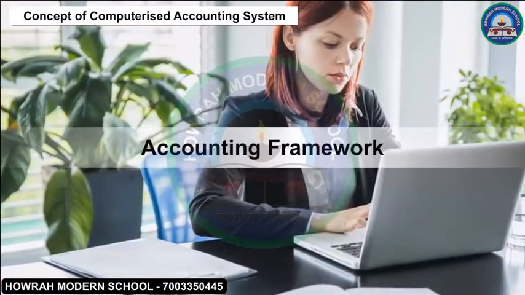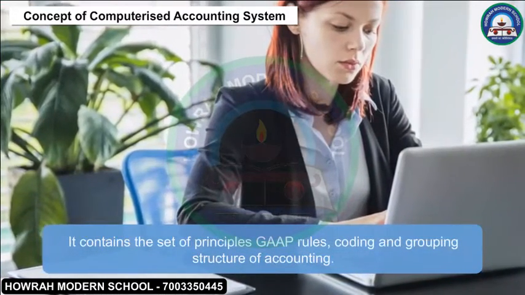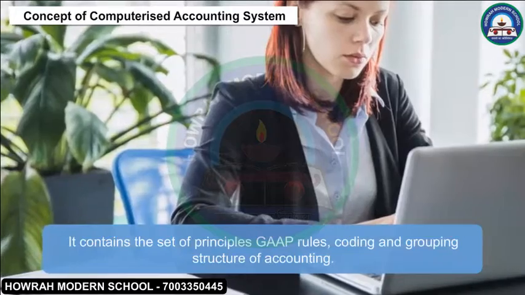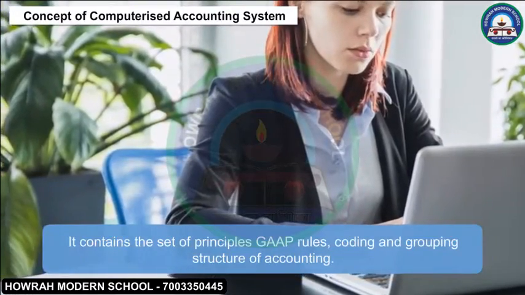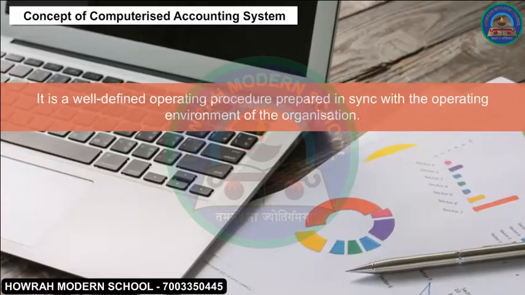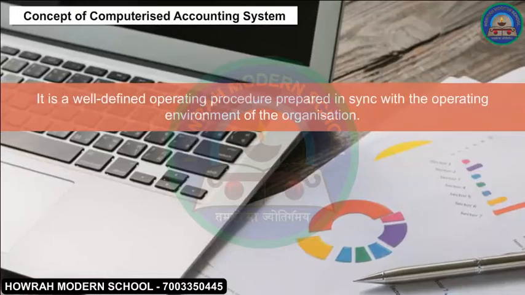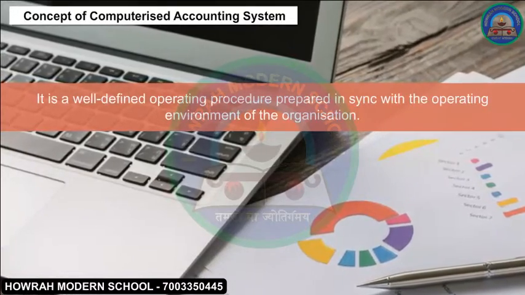Accounting framework. It contains the set of principles, GAAP rules, coding, and grouping structure of accounting. Operating procedures. It is well-defined operating procedure prepared in sync with the operating environment of the organization.